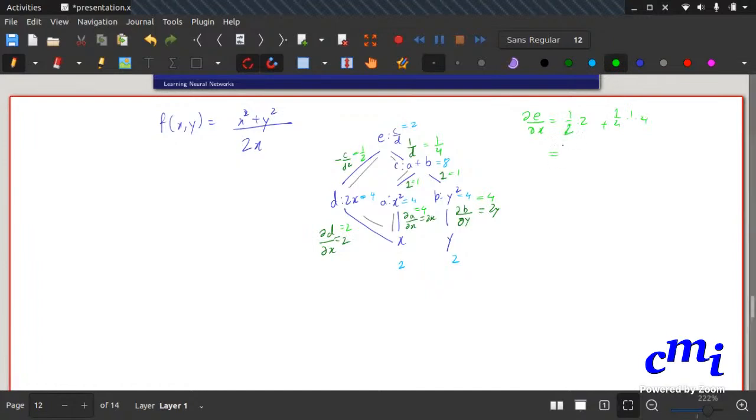So delta E by delta X for the particular input value of X that we've chosen comes out to be 2, right?